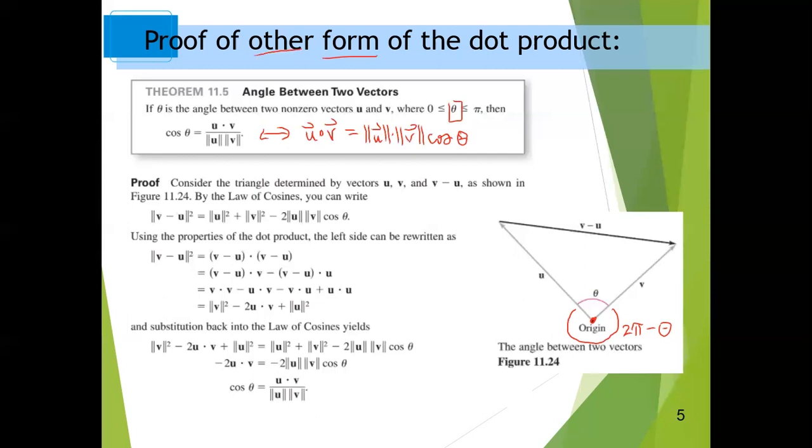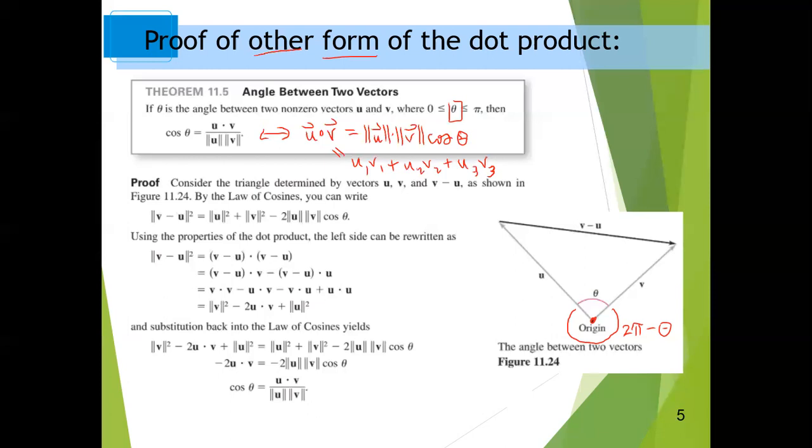This is the other form of the dot product. You either compute it this way, or you can just say, well, it's u1 v1 plus u2 v2 plus u3 v3, right? So this gives us an alternative way to actually compute the dot product, okay?